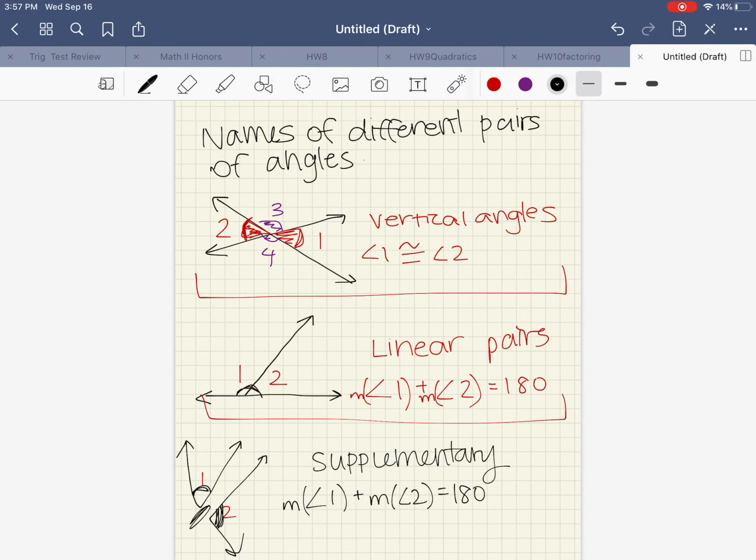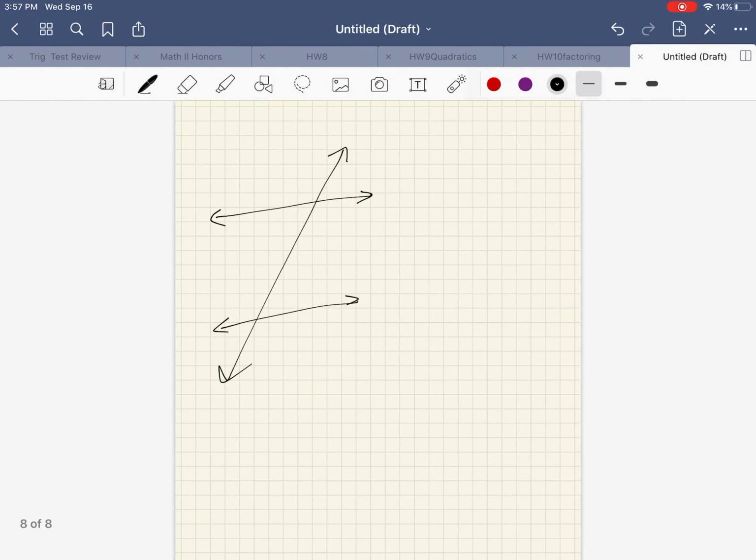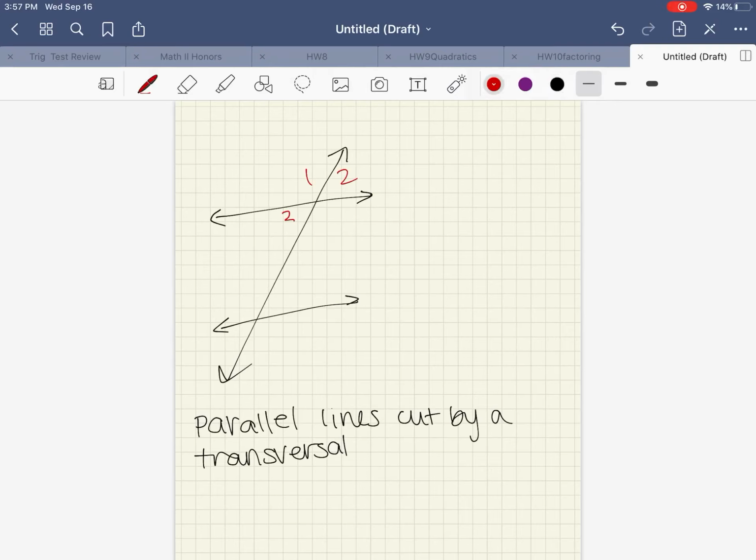We're also going to be using these angles formed by two parallel lines cut by a transversal. So we have parallel lines cut by a transversal. Here we've got angles 1, 2, 3, 4, 5, 6, 7, 8.